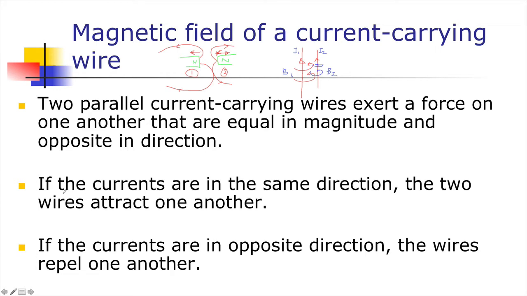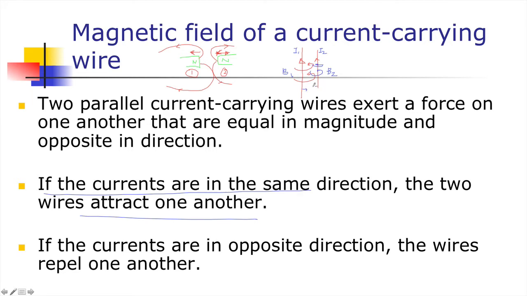Normally, if it was in a lab, you could show that if the currents are in the same direction, the two wires attract each other. So those two going in the same direction will experience an attractive force between them.